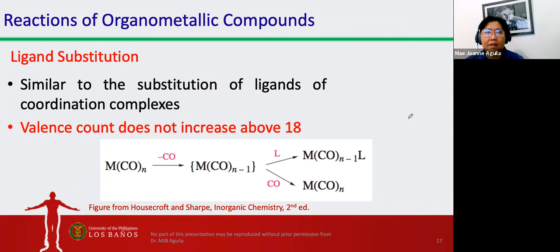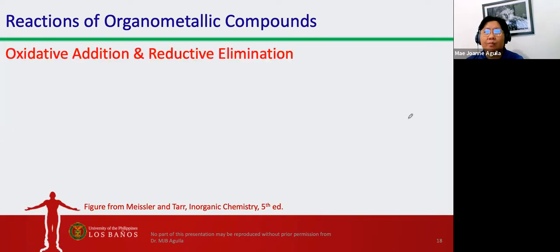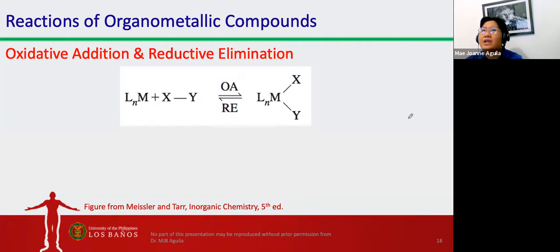So ligand substitution. The next ones are unique to organometallic compounds, and these are oxidative addition and reductive elimination. They are sometimes taken together because they are the reverse of one another. You can see in this reaction that going to the right would be your oxidative addition, wherein XY is added to the metal. And when you remove XY, that would be reductive elimination.